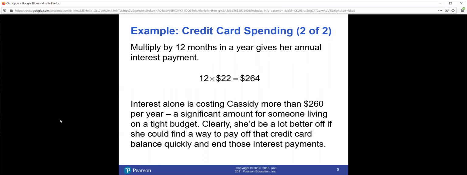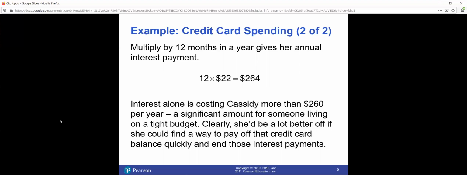Multiply that by 12 because, as I said previously, the credit card company bills 2% every month, and there are 12 months in a year, coming out to a total of $264, which means interest alone is costing Cassidy $264 a year.